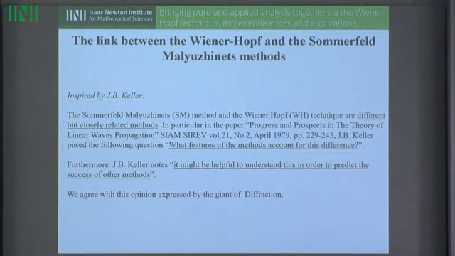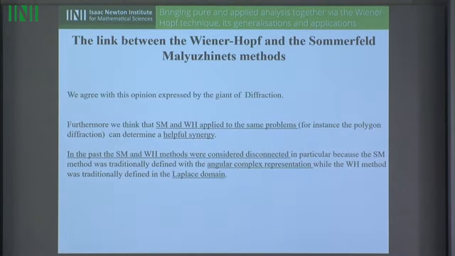The second sentence is, it might be helpful to understand this in order to predict the success of other methods. So the differences and similarities can help solutions in both methods. We agree with this. In particular, if we apply the Sommerfeld-Malyuzhinets technique and the Wiener-Hopf technique to the same problems, we can find some synergy between the two methods.